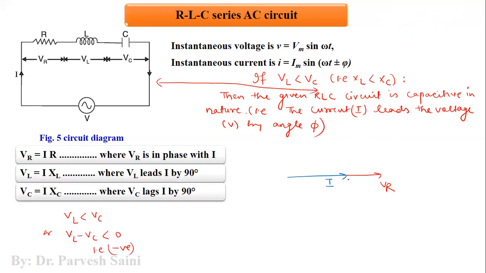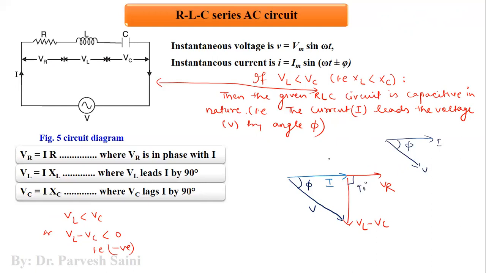So the net voltage effect will be appearing on this side, and hence the resultant phasor of the voltage will be appearing here. So this is your V, and this is the phase difference phi. As you can see here, the current is leading the voltage by angle phi. So this is what happens in capacitive circuits.